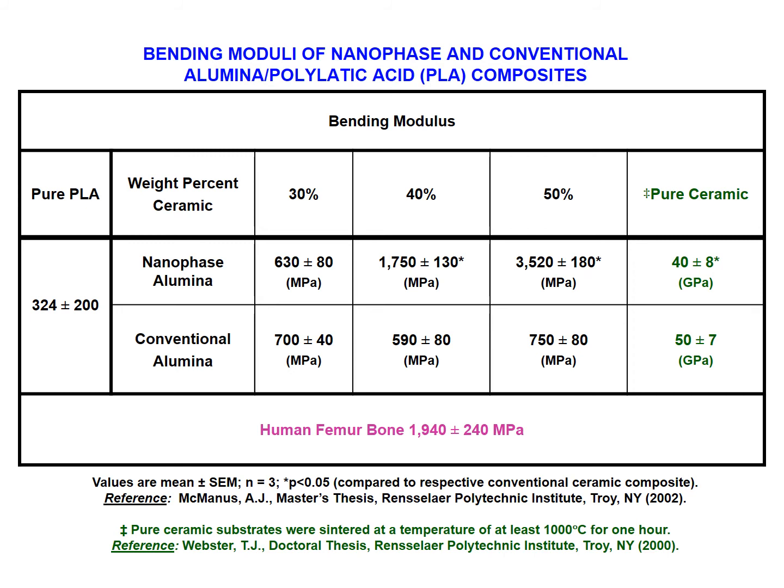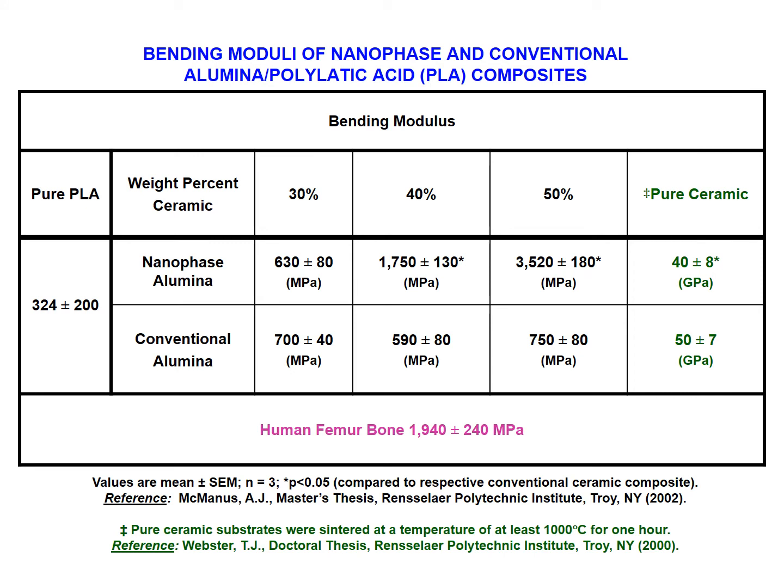3,500. Definitely, the bending modulus of bones in the human body is different depending on what part of the skeleton the bone comes from. But if we take one example, let's say the human femur, it has a bending modulus of 1,900.